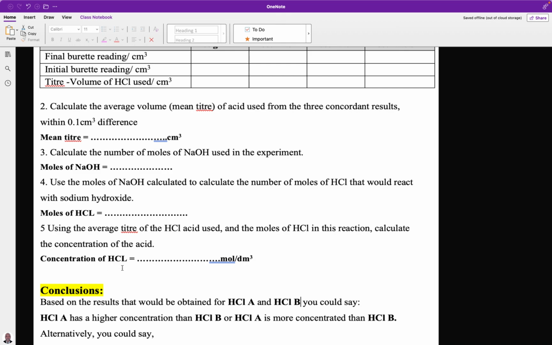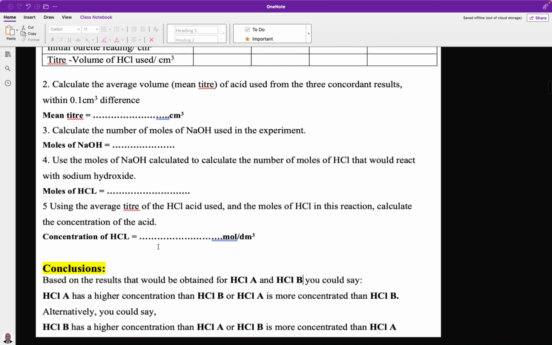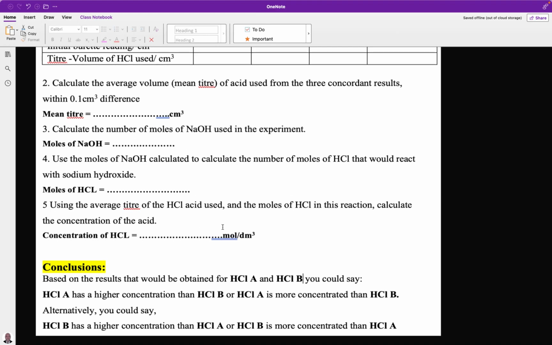Now you have got the volume of the acid, the titre. You have also got the moles of the acid.